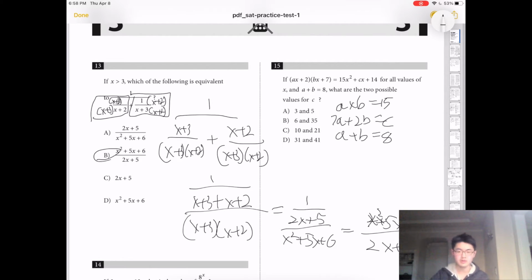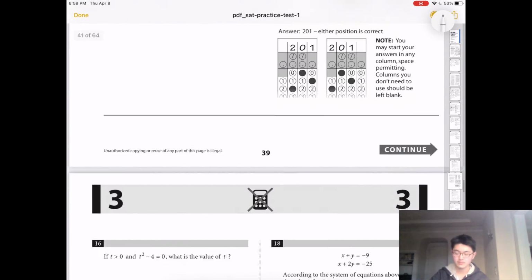We only have 25 minutes for the whole section. So I just know that 5 times 3 equals 15, and 5 plus 3 is 8. This is basic math. So just shove in 5 and 3 into this equation, and we would get 31. And if we shove in 3 and 5, we get 41. So the answer is D, 31 and 41.